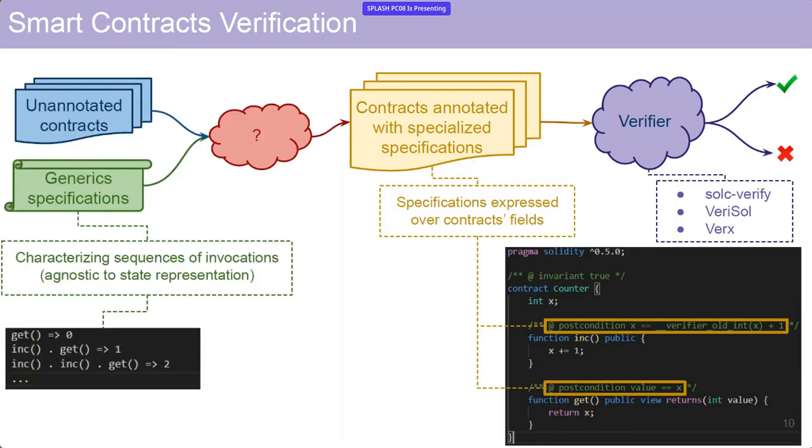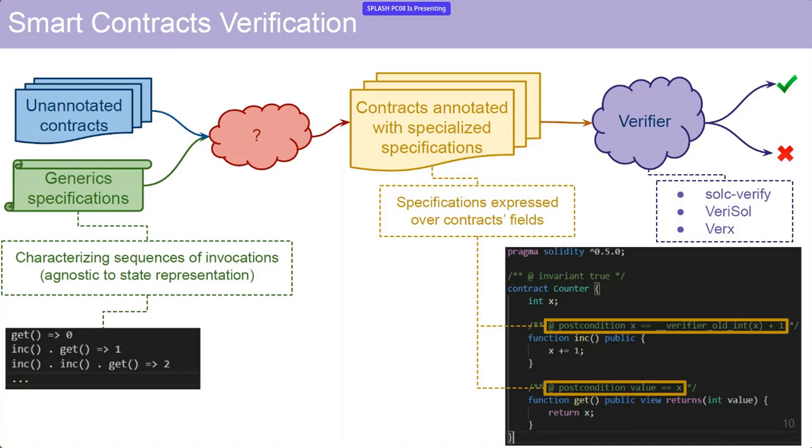However, in reality, these specialized specifications are not available for most contracts, which don't have any annotation, and we only have some generic specifications that characterize the sequences of invocations that are agnostic to the state representation, because you can imagine that this contract can be written in different programming languages, or the state can be represented differently.